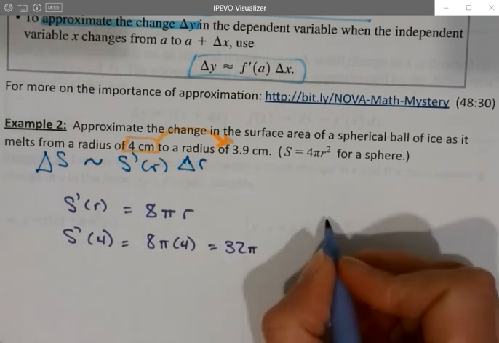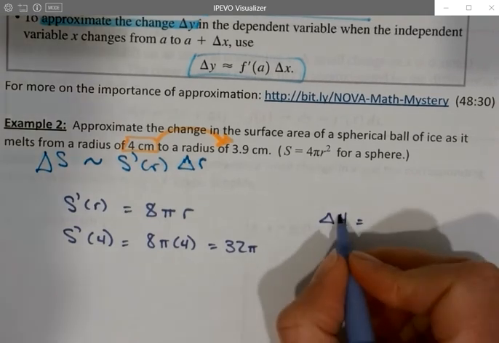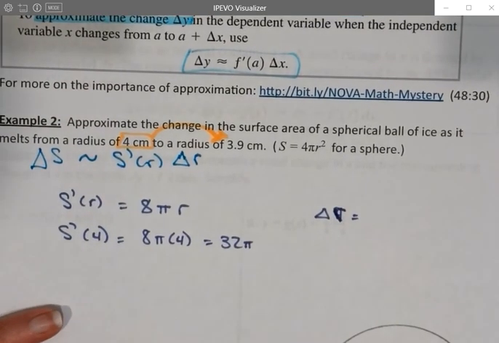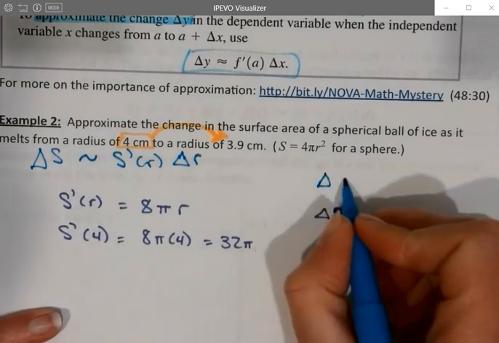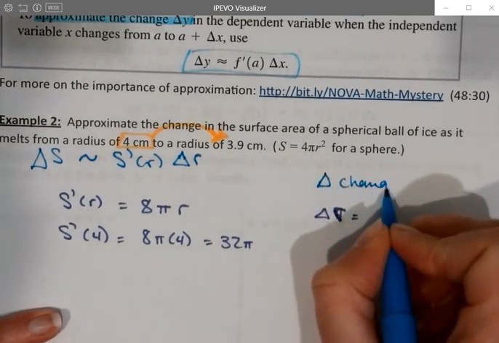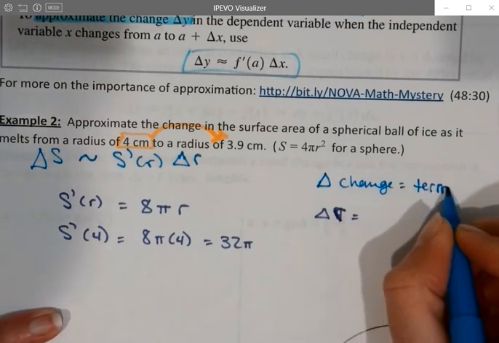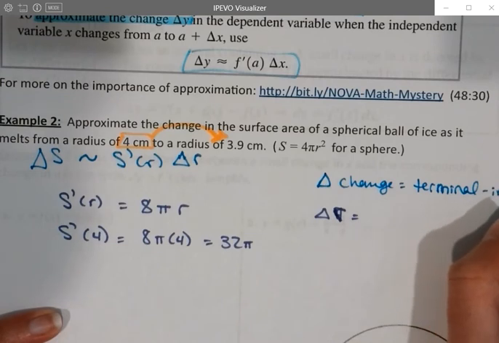Now for delta r. If I want to compute that, any change is computed with the terminal or final point minus the initial point.